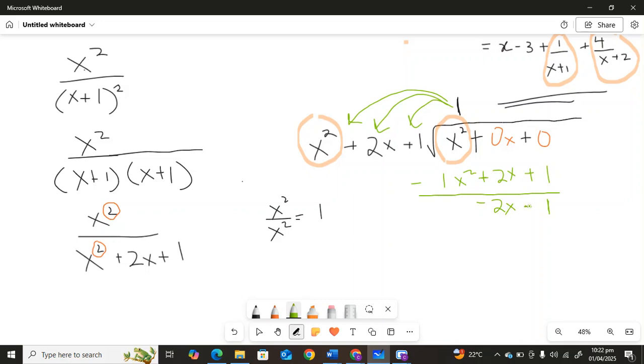What do we do next, colleagues? Should we continue the division or should we stop it? Yes. Why are we stopping it?